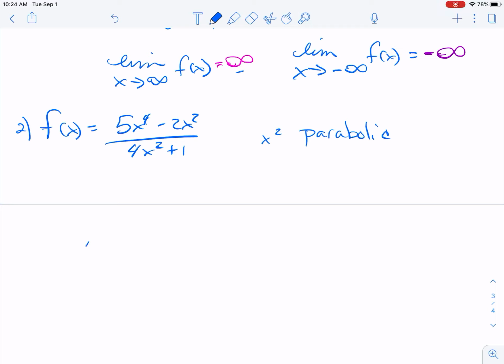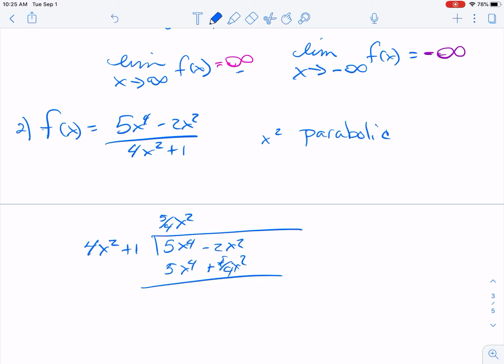If I divide again, you have 4x squared plus 1 divided into 5x to the 4th minus 2x squared. You multiply this by 5/4 x squared, and you end up with 5x to the 4th plus 5/4 x squared.